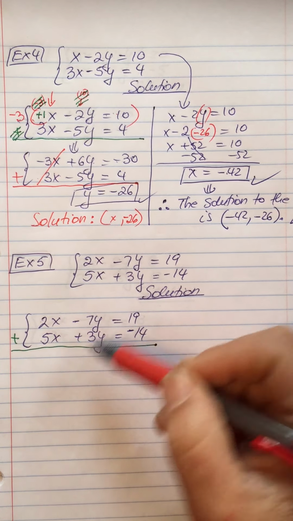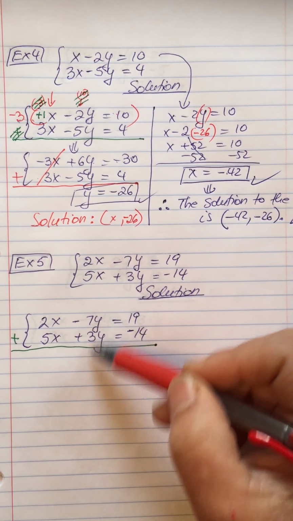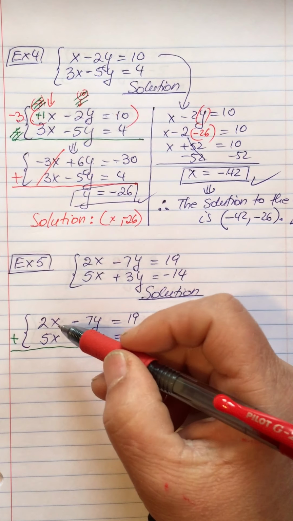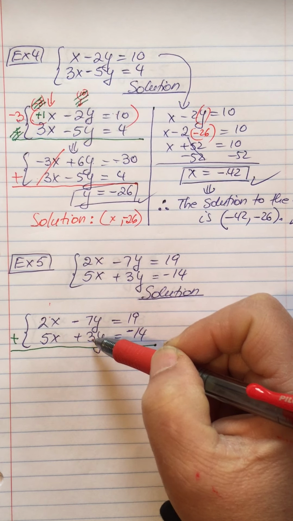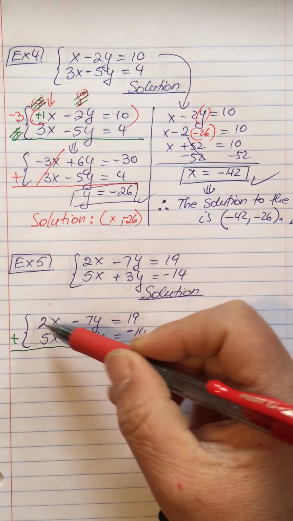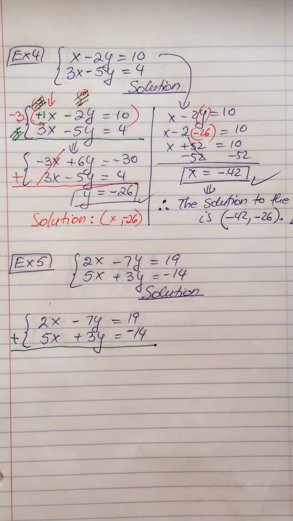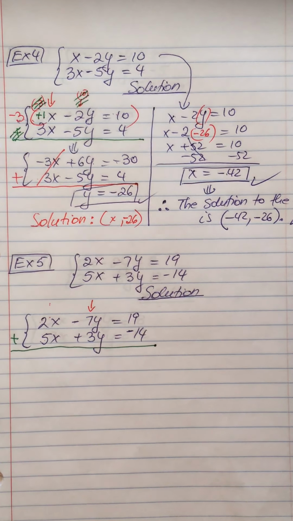In this condition, neither x nor y can be eliminated yet. So I have to choose to eliminate x or to eliminate y. Both will give me work on both equations. So I am choosing to eliminate y.